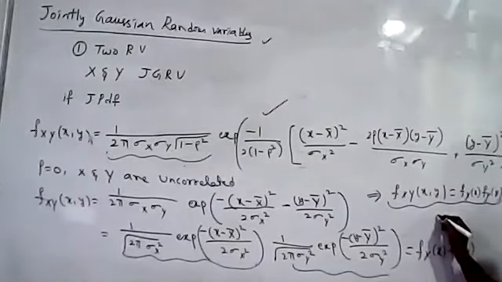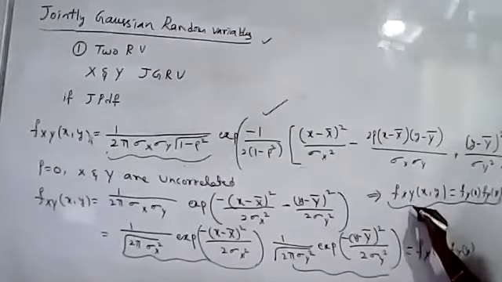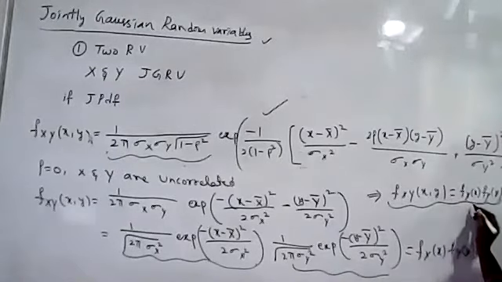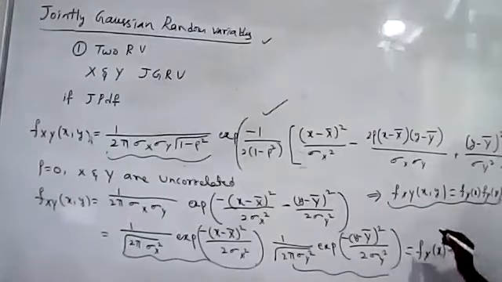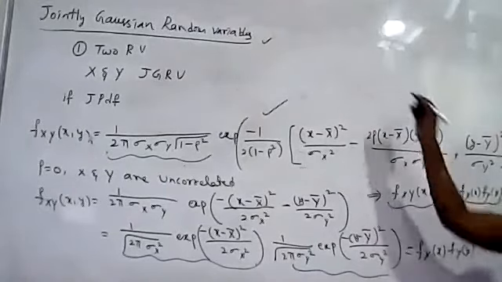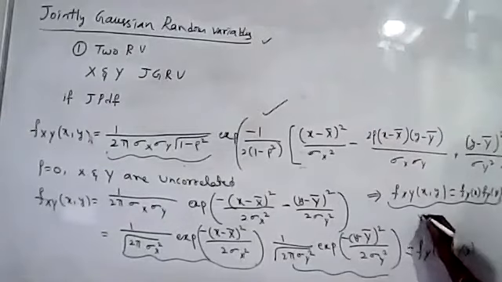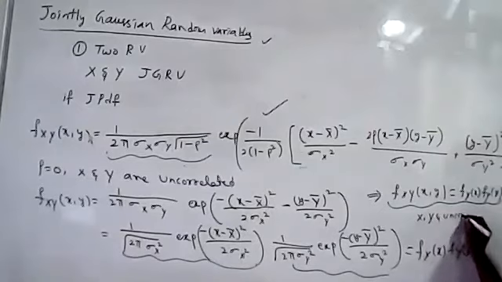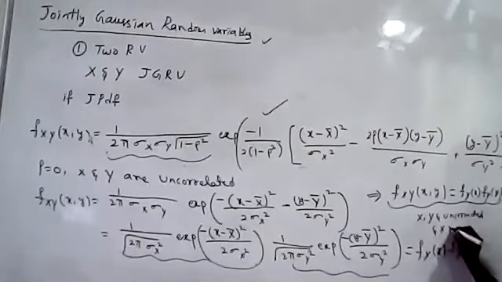If two random variables are independent, then we know that fXY(x,y) is equal to fX(x) into fY(y). From this relation we can say that in the case of Gaussian random variables, if these two X and Y are uncorrelated, then these two random variables are also independent.